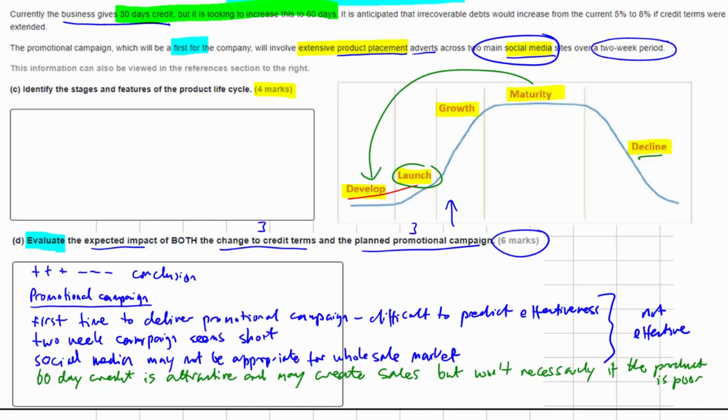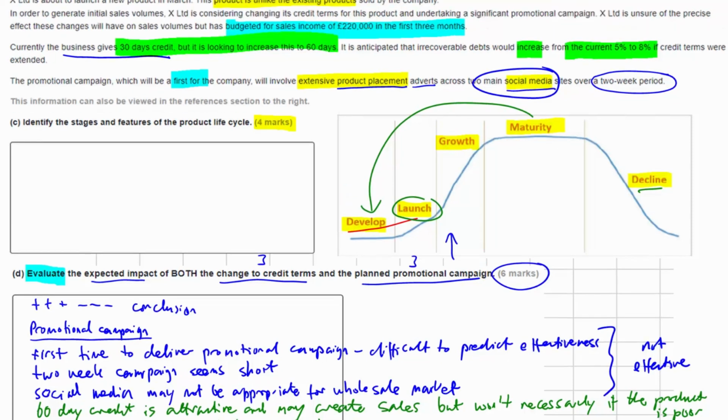The text also tells us that they think there's going to be an increase in the bad debts from 5% to 8%, and that may be an acceptable cost for creating the sales in the first place, but that needs to be evaluated. We also need to be aware that it's going to have a negative effect on our cash flows, isn't it?